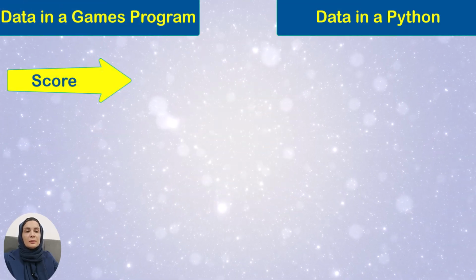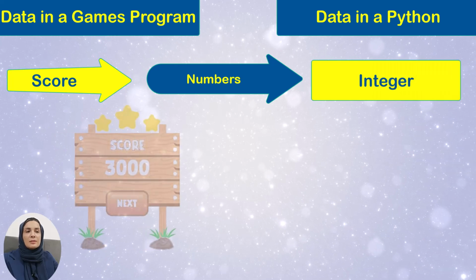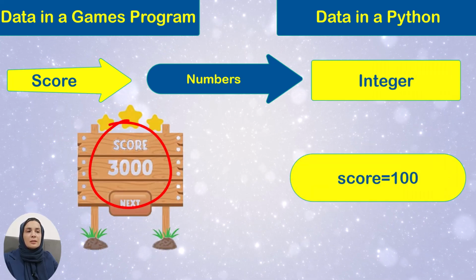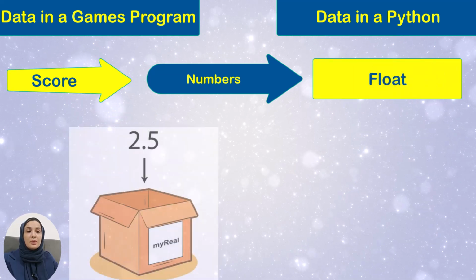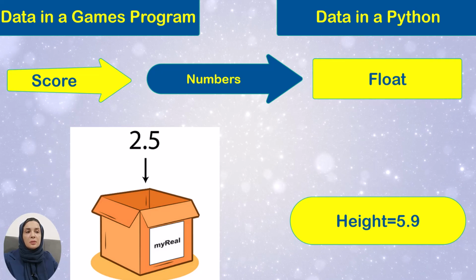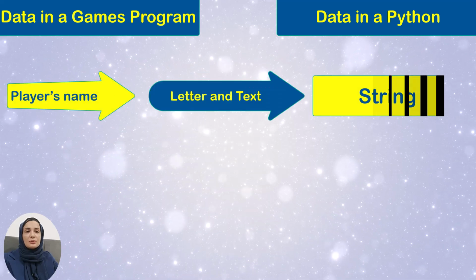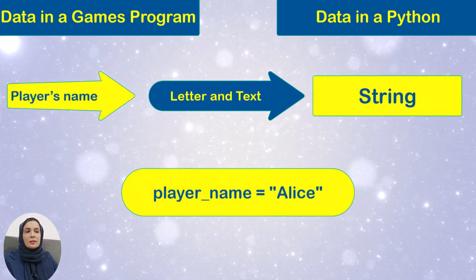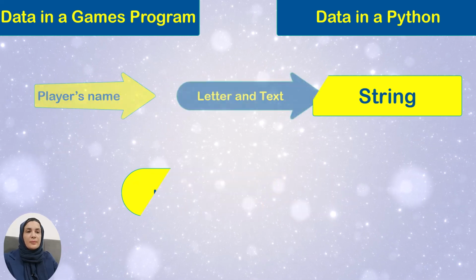In Python, some common data types are integers, whole numbers, like when we write score = 100. Floats are numbers with decimal points, such as height = 5.9. Strings are used for text, like assigning a name, player name, for example, Alice.